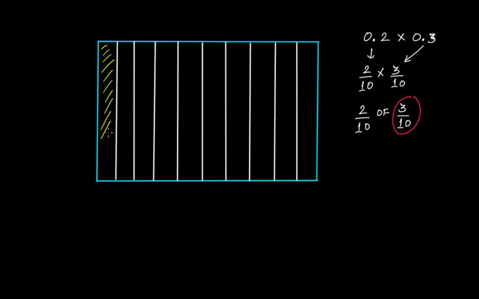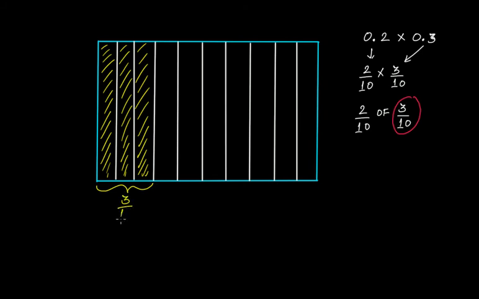So this is the first part, this is the second part, and this is the third part. So this is actually 3/10: 10 equal parts, and you are considering 3 parts. Now this 2/10 is 2/10 of 3/10.